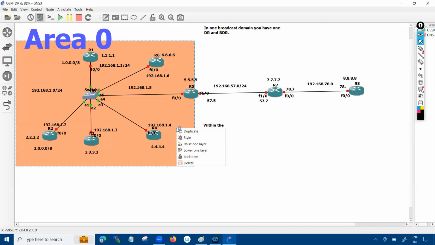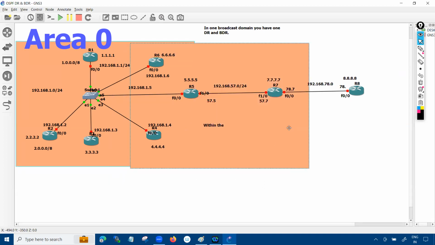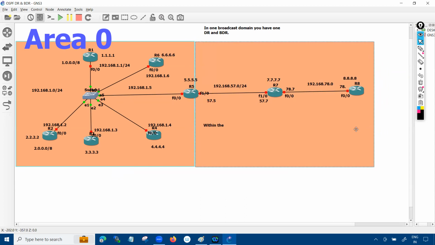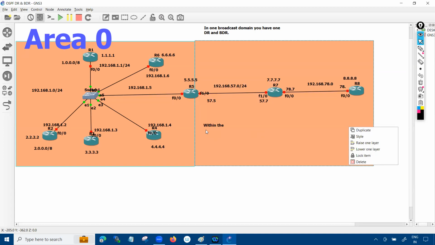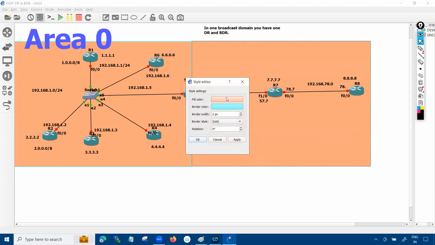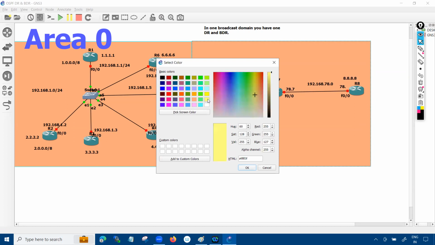And remaining, I can make this guy. Okay, hold on. I'll make this guy in area number 1. So we have 2 different areas now. Okay. So perfect, right? So style and change is the. So I'll go with the yellow, it is very dark. Let's go with the just now.